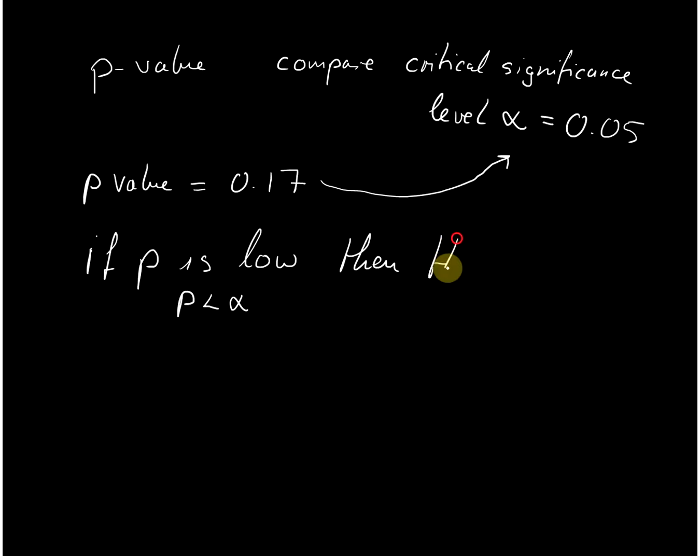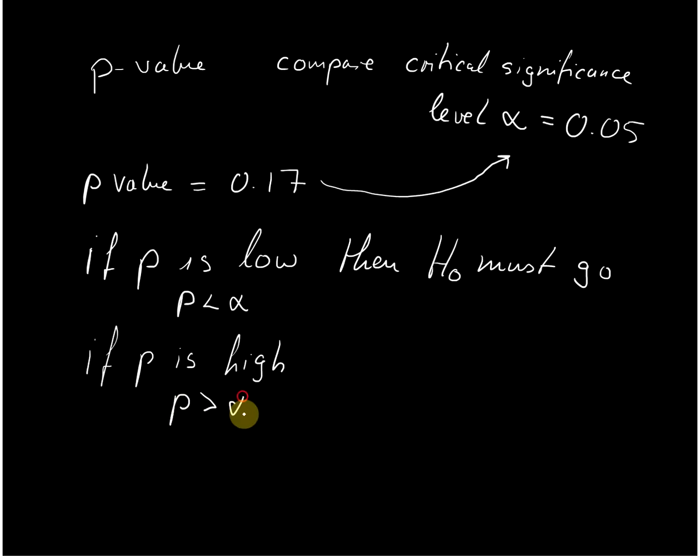then H naught must go. If P is high, so if P is larger than alpha, then H naught can stay.